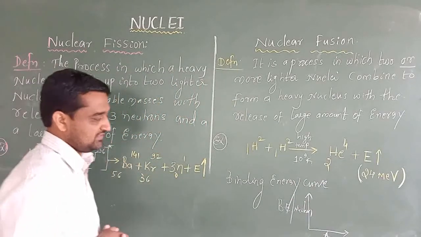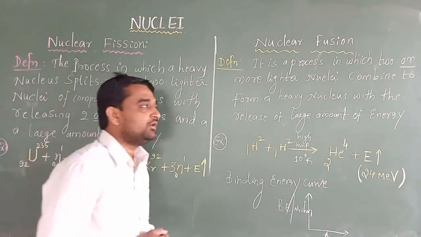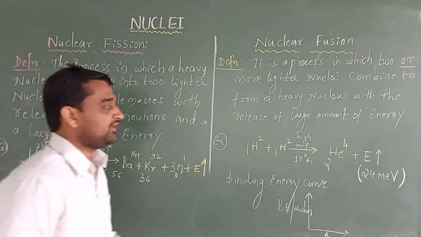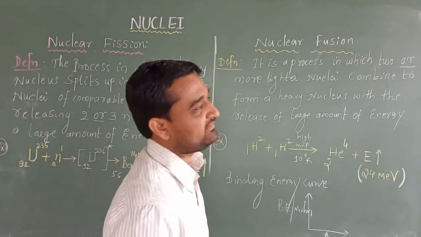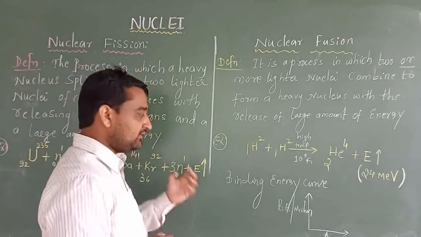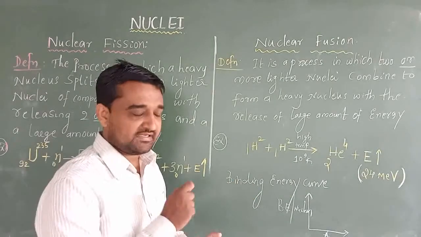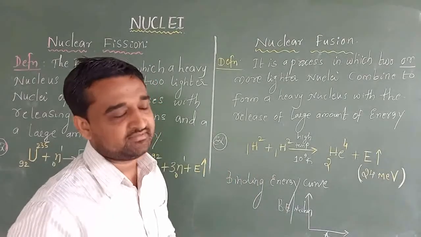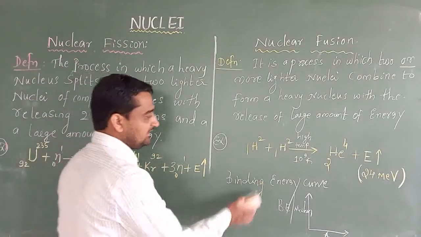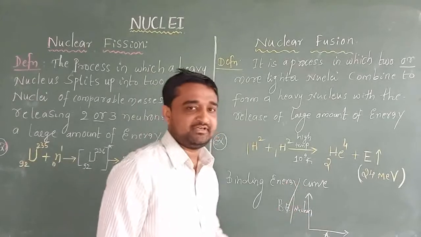We have seen that the heavier nuclei try to split up and become lighter nuclei to become more stable. And in the lighter nuclei region, the lighter nuclei try to combine to form a heavy nucleus, and again they try to become stable. That is what we have discussed in case of the binding energy per nucleon curve versus the atomic mass number of different nuclei.